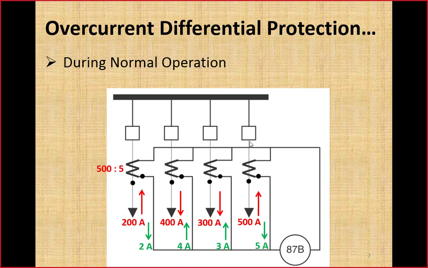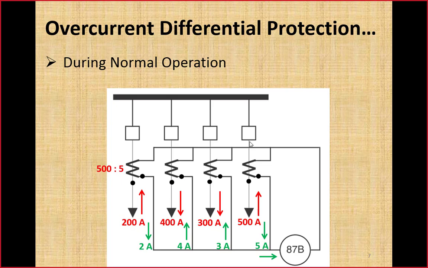Now if we look at the secondary circuit, which I have shown with green color, on this node where all these 4 currents are meeting, the net current which will flow towards the differential branch here towards 87B will be equal to the sum of current that is flowing towards the node and some current that is flowing away from the node.